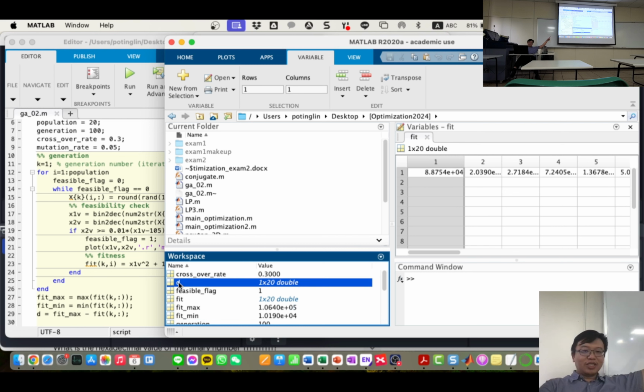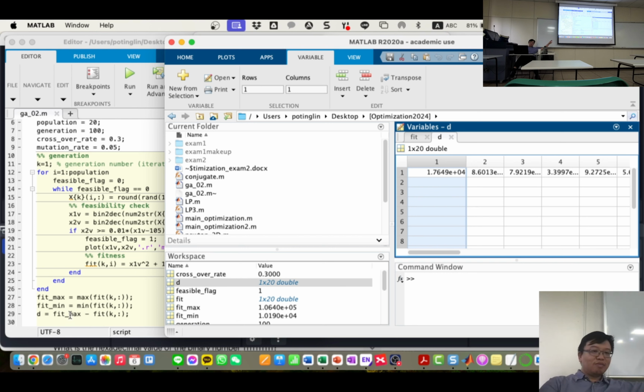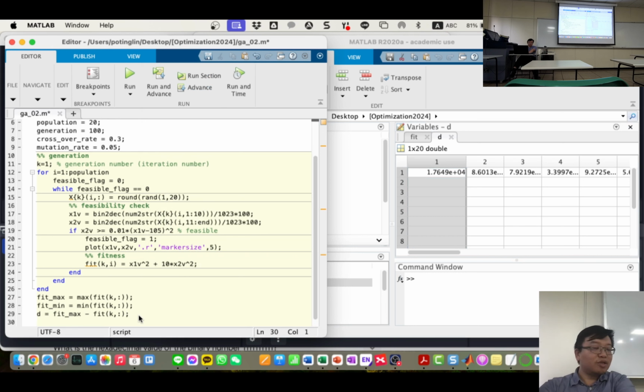So how about the D? Because I use the largest fitness minus each fitness value, now the best design will have the largest D. So I'm going to use D. The selection percentage, I'm going to call this percentage, equals D divided by the sum of D.